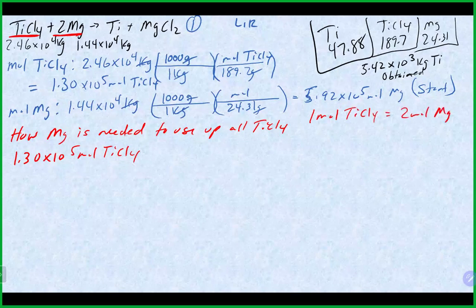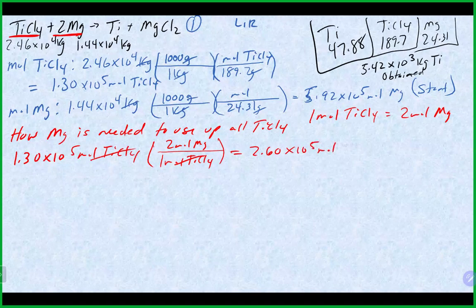So that's what we're going to use as our conversion factor here: 1 mole of TiCl4, 2 moles of magnesium. Those will cancel. That gets us 1.30 times 10 to the 5th times 2, 2.60 times 10 to the 5th moles of magnesium needed. So in this case, we see that we do have enough. And again, you won't always have enough, but in this case, we actually chose okay.